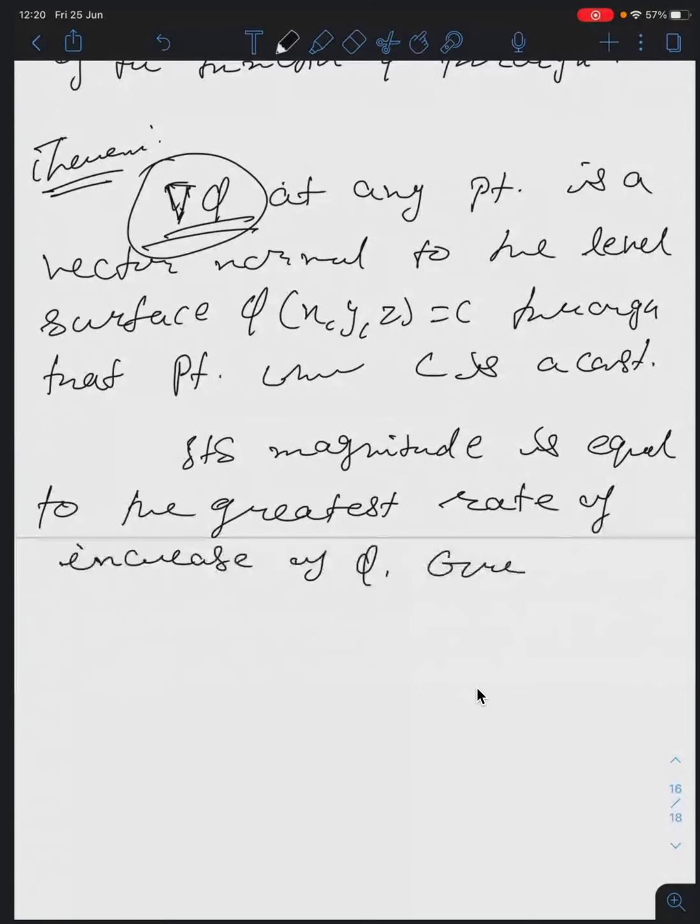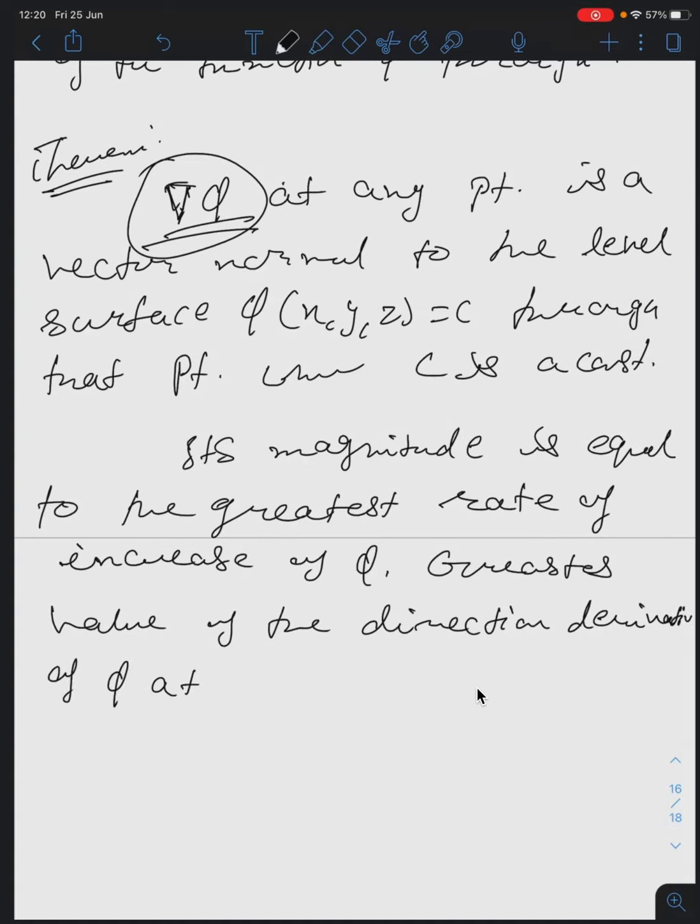So the greatest value of the directional derivative of phi at a point will be equal to mod of grad phi at that point. This is how you calculate the greatest value of the directional derivative: calculate grad phi, then calculate mod of it.